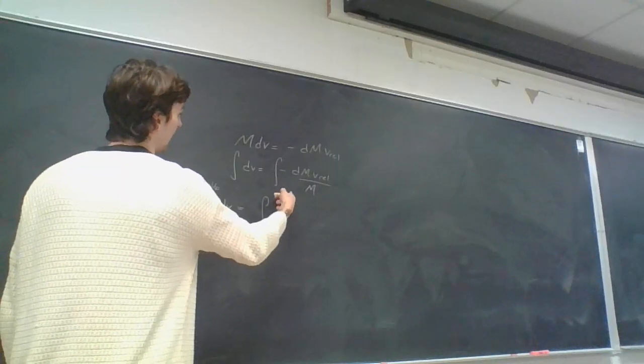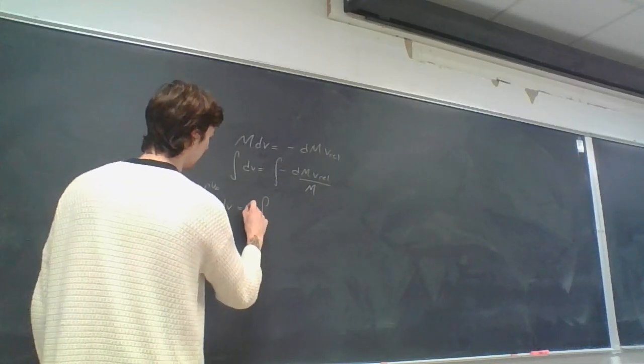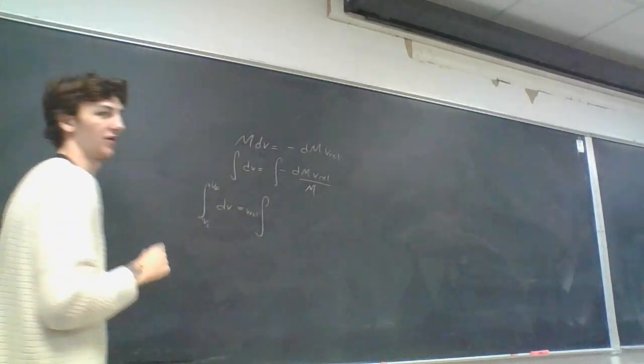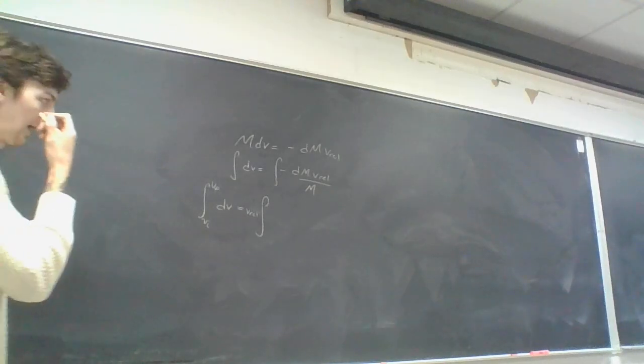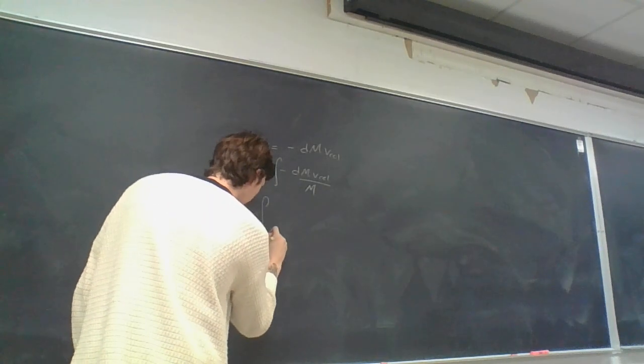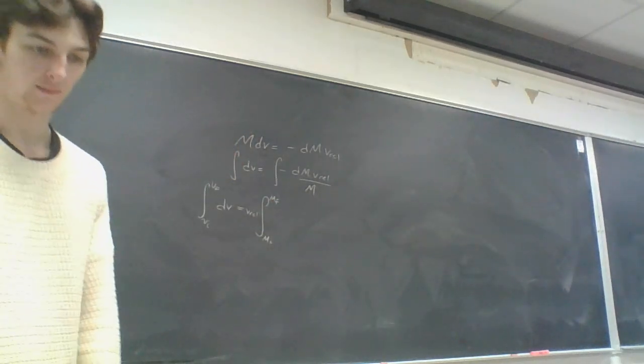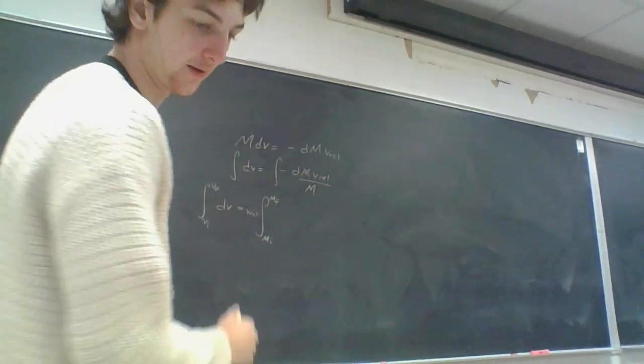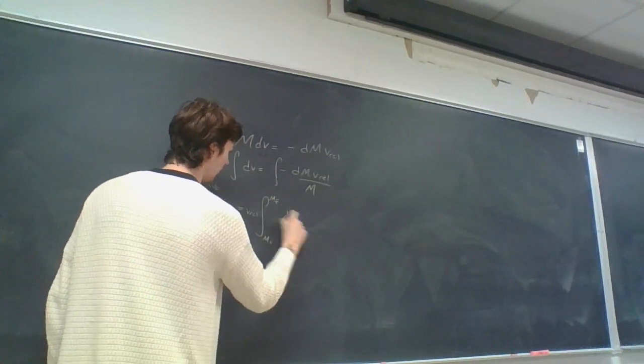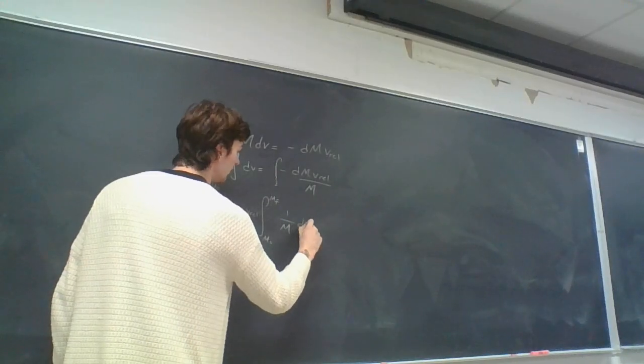And here on the left side, first of all, we're going to take v relative out as a constant because that's not going to change in our system. And we're going to let this run from initial mass to final mass. And if we do that, then what we have is 1 over m dm.